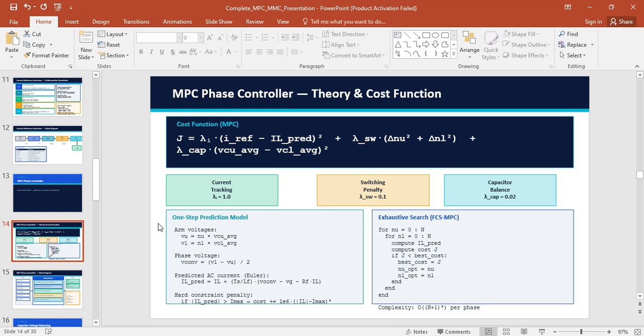And a hard constraint penalty: if the IL predicted is greater than the IMAX, then a penalty is applied. So the exhaustive search is done using the for loop, and the best cost is found.